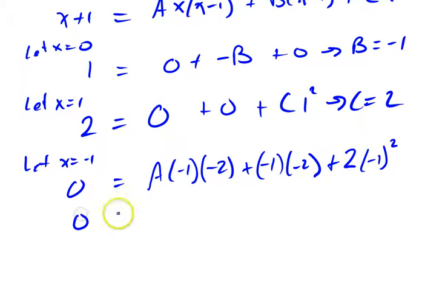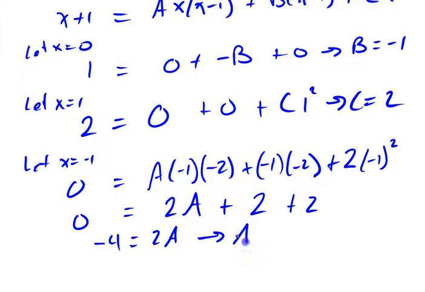So now I've got 0 equals 2a plus 2 plus 2 more. So negative 4 equals 2a, tells me that a is equal to negative 2.